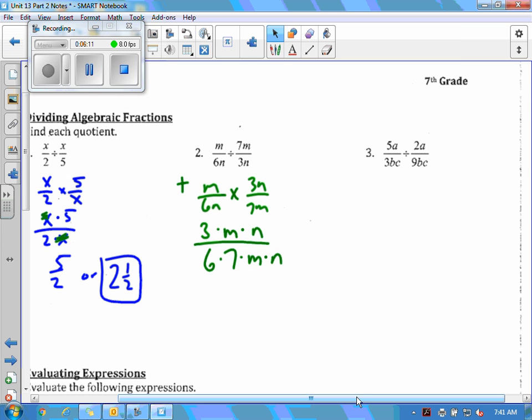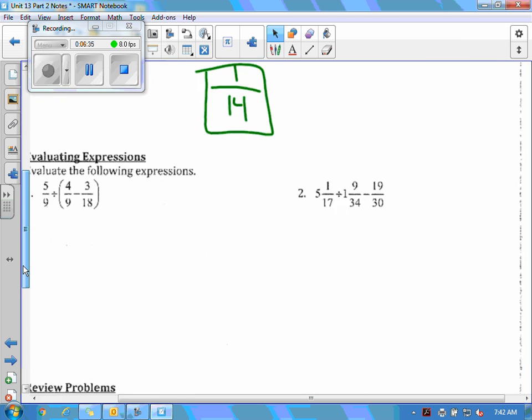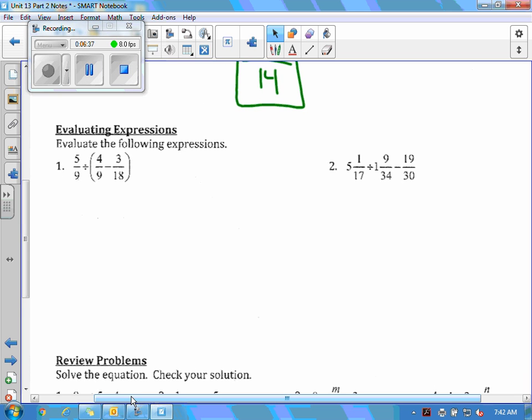Doing that might make it a little bit more simple to keep this organized. So 3 and 6 can both be divided by 3, so that'll be a 1, that'll be a 2. These m's cancel each other out, these n's cancel each other out. So on the top, I just have a 1, and on the bottom, I have 2 times 7, which is 14. Number 3, I'll leave for you guys to try and make sure you grade that from the answer key.